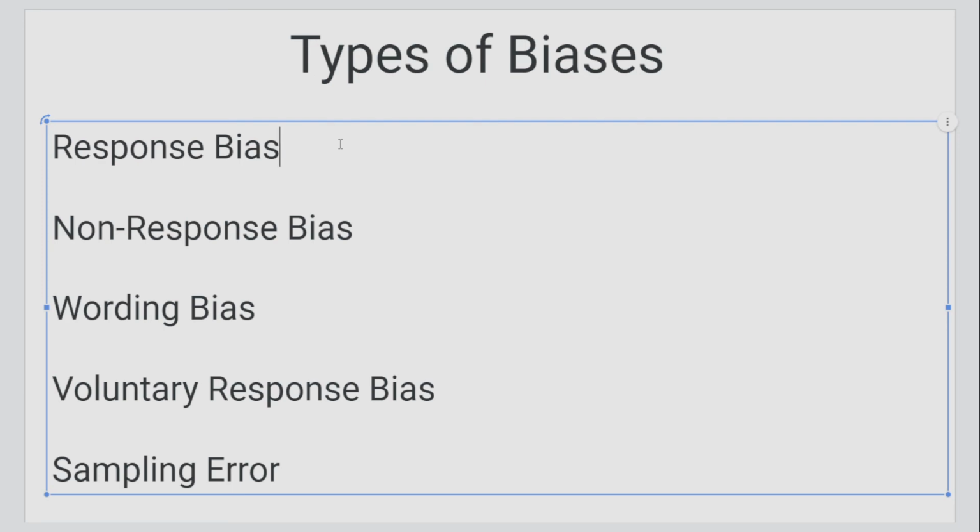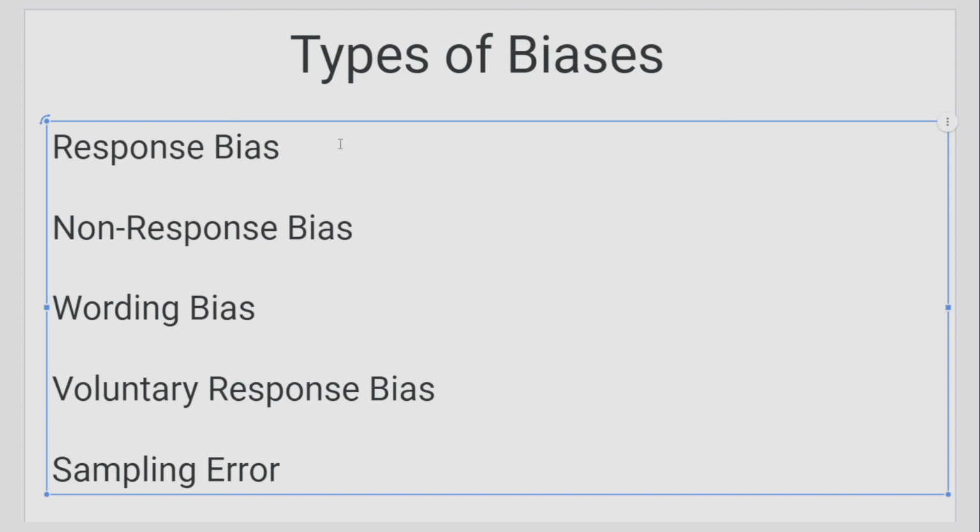So there are 5 types of biases. 4 of them are on the top of page 27, so that's the first 4. And sampling error you can write right below it, but there is also space for it on page 20. But I'm okay with you just putting them all in that section on the top of page 27.